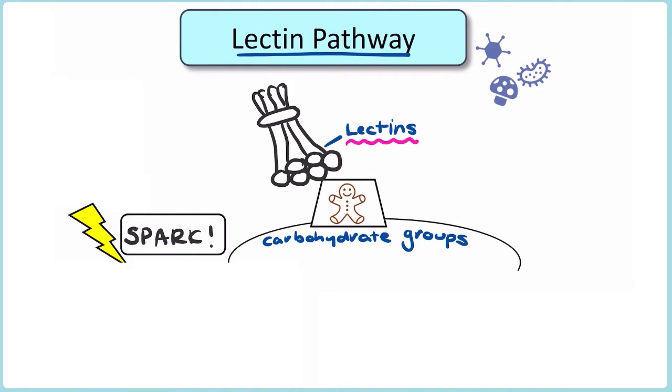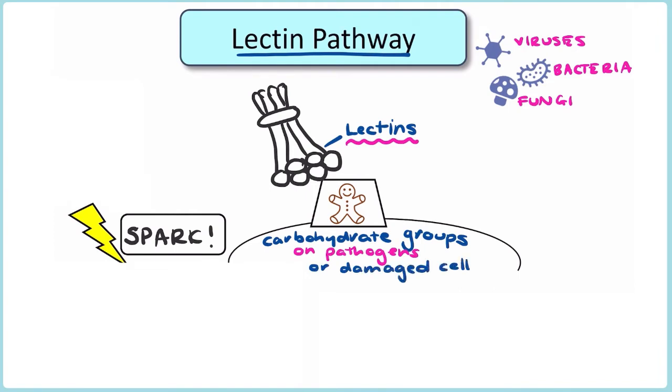And the carbohydrate groups that are recognised by lectins are not only present on bacteria, but also on viruses and fungi. So lectins have a broad reach when it comes to identifying pathogens. And whilst these carbohydrate groups are expressed on the surface of microbes, they're not a feature of healthy human tissue. But in saying that, if we have cell damage, those same carbohydrate groups can be exposed.